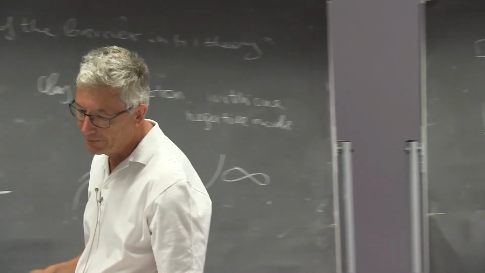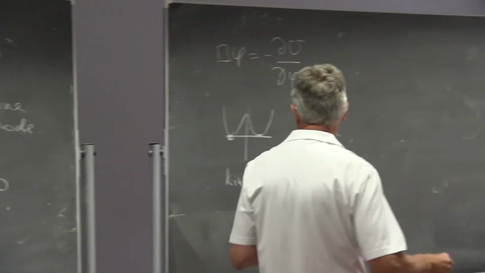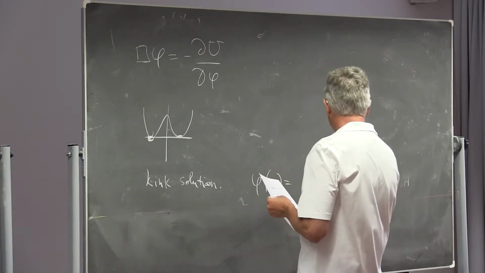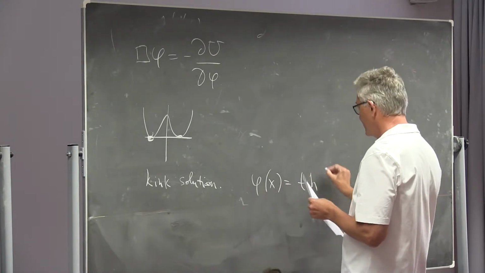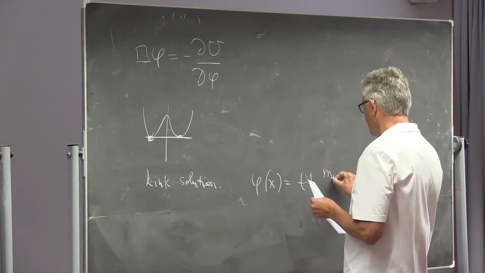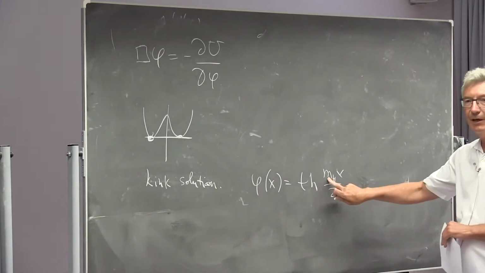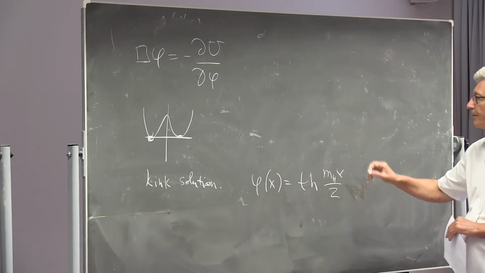Okay, and this solution looks like the following: phi(x) is equal to hyperbolic tangent of m_h x over 2. This is the mass of the Higgs field here.